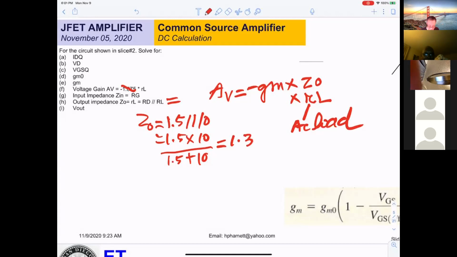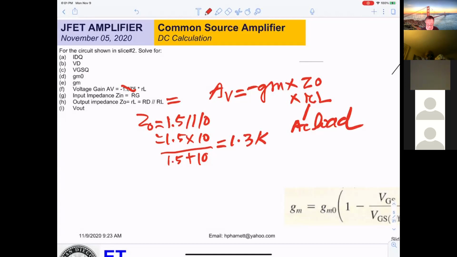Yes, 1.3. I'm just saying it should be close to 1.5 because it's a smaller number. That's okay, no big deal.